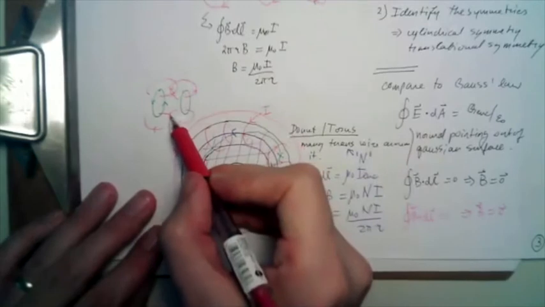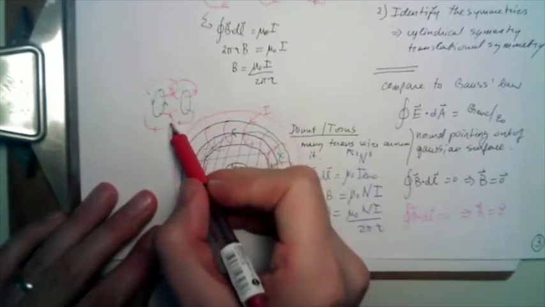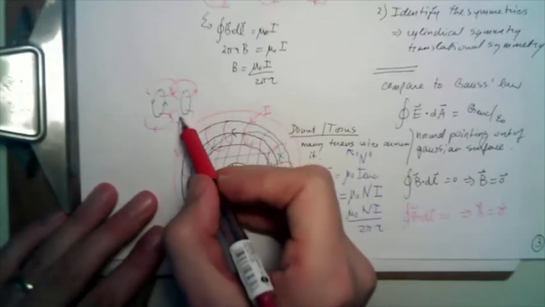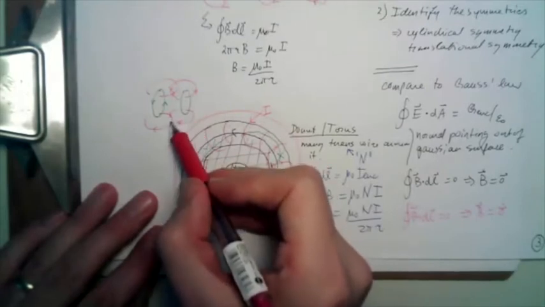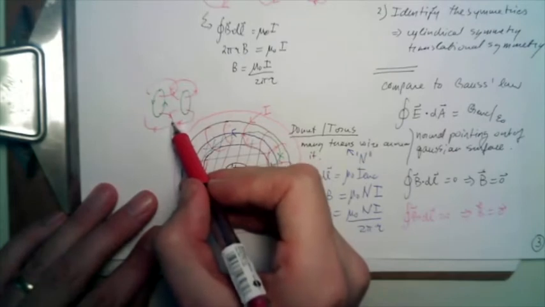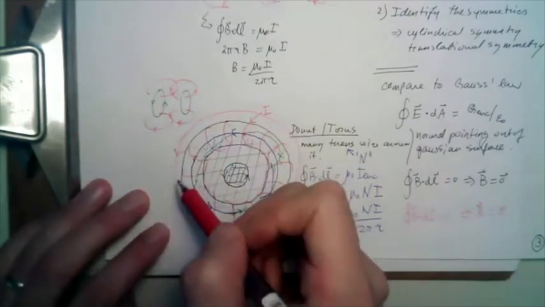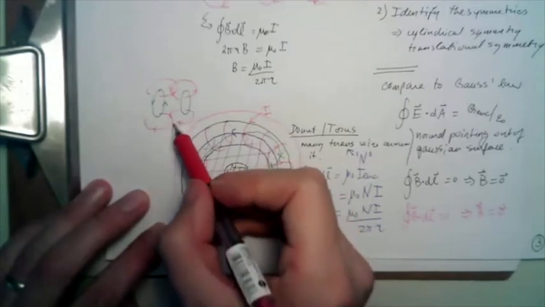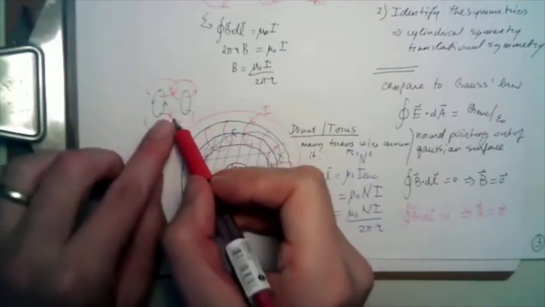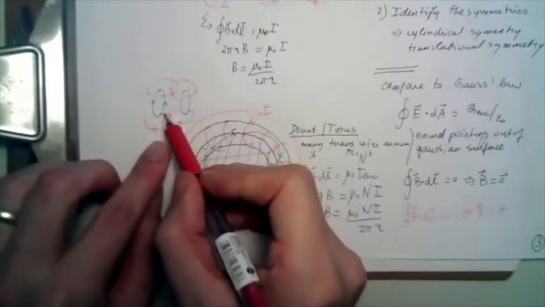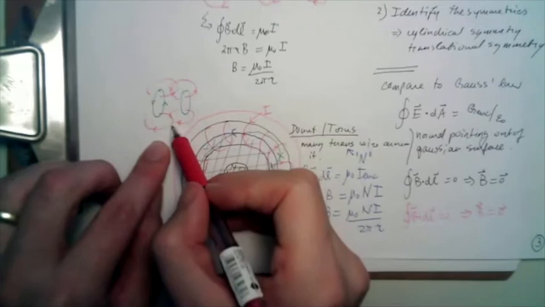So this field here, the magnetic field that goes up in this direction due to this loop, gets canceled by the field that goes in the other direction. Right? This one goes up and this one goes down. So therefore, the field cannot go out here. And that goes for all of these points. So that's why the field never makes it out.